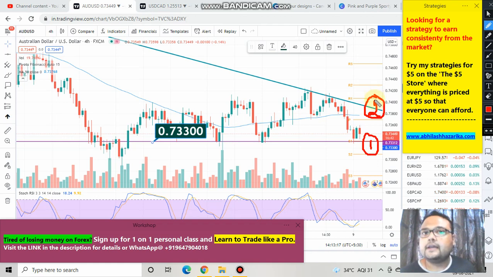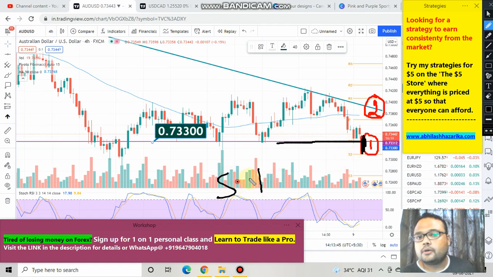On the other hand, if the market crosses this support level, then do not short the market immediately. Wait for 4 to 6 hours and just try to observe the price, try to read the market emotion. If you see that after 4 to 6 hours the market is still trading below this support level, then you'll get the confirmation that the support has become resistance, and then you can short the market.